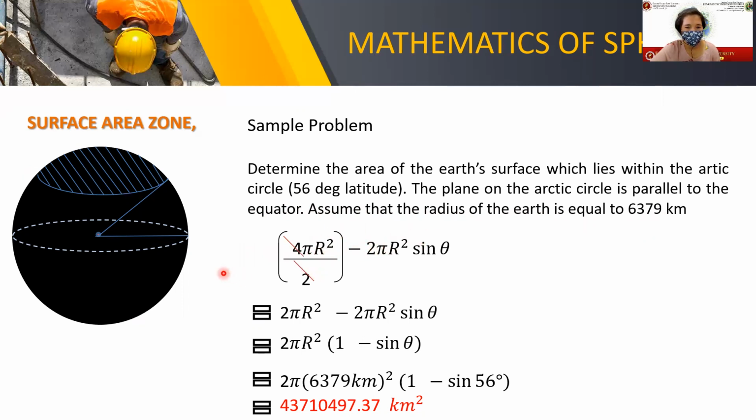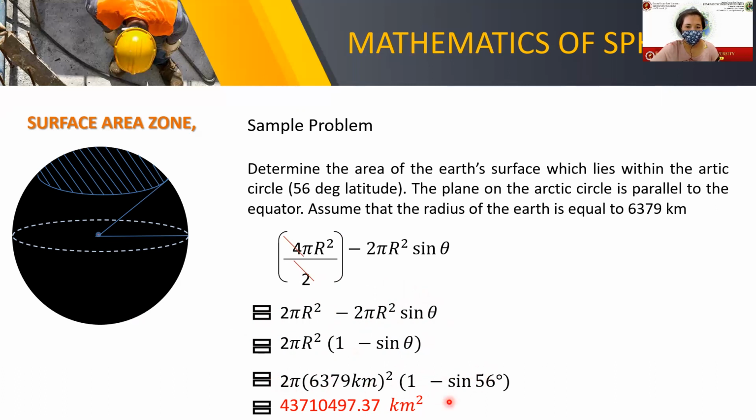sine theta. So you can compute, cancel out this one. So this will have 2 pi r squared minus 2 pi r squared sine theta. Since both have 2 pi r squared, we can factor out 2 pi r squared. So the remaining would be 1 minus sine theta. So direct substitution, you can directly substitute the values here. I just simplify this one: 2 pi r squared times 1 minus sine of the latitude.